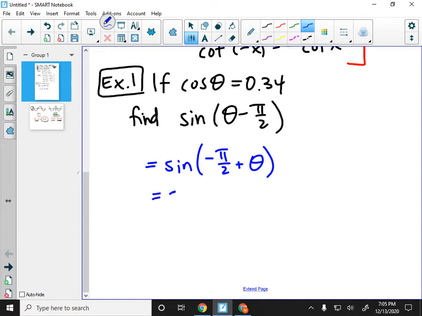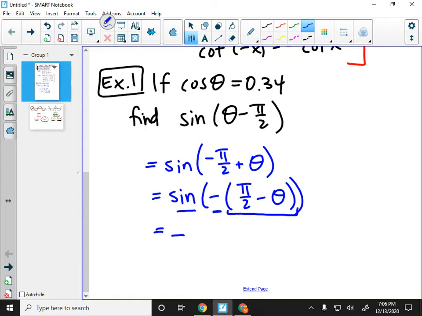So then what I want you to do is factor out a negative. I take a negative out of the pi over 2 and I take a negative out of the theta, so I get this. Now I can use my even odd identities, because my even odd identity says I have sine of a negative quantity. That would give me a negative sine of that quantity.